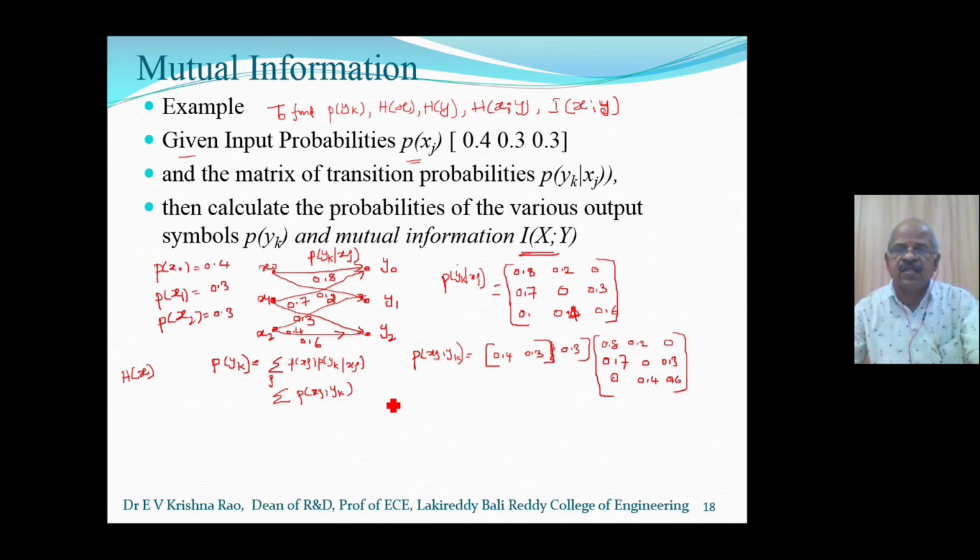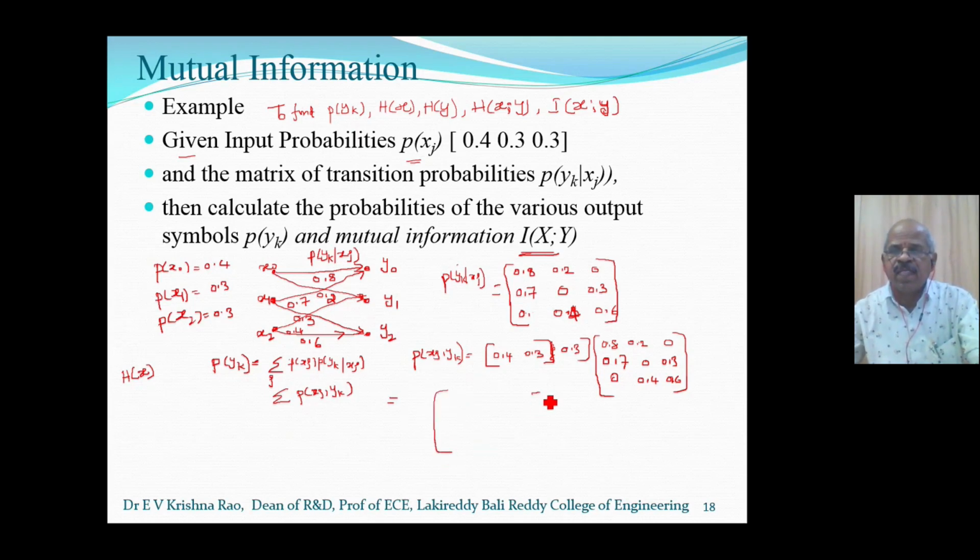If you get the joint probabilities, the sum of each column gives P(yk). You can multiply and sum to get P(yk). If you want the joint probability, you can multiply individually.